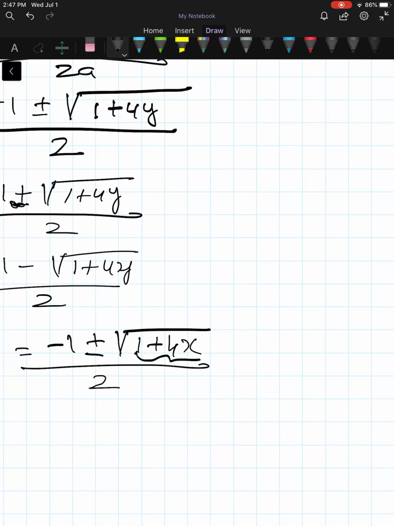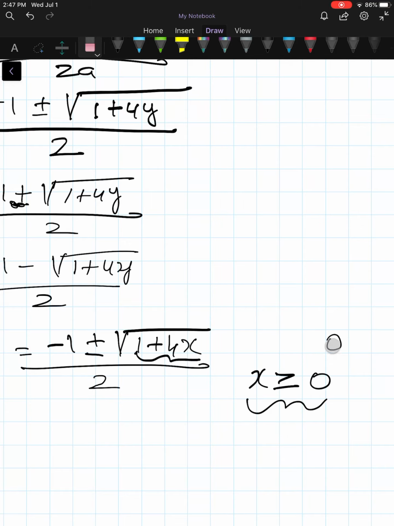When x takes values less than 0, we get negative terms inside the square root. So x should never be less than 0. Therefore the domain is x greater than or equal to 0 in this case.